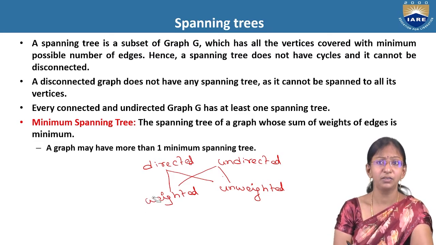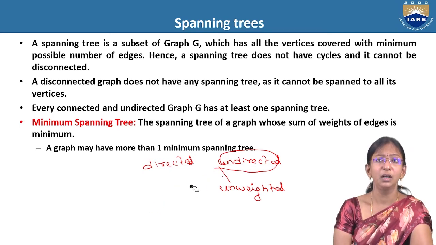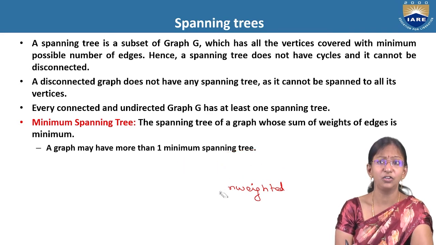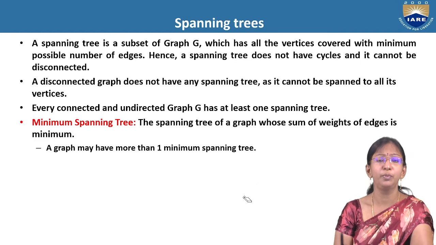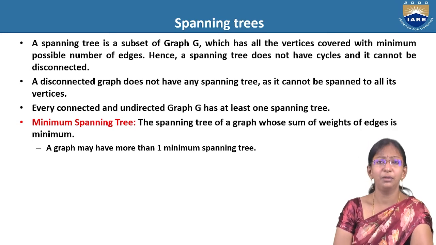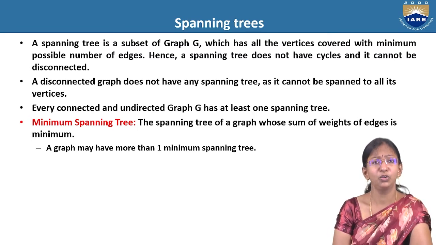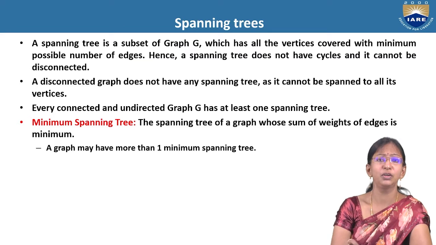Minimum spanning tree talks about the undirected weighted graph combination. What do you mean by weighted graphs? Weighted graphs mean each and every edge in a graph is going to bear a payload, and that load can be any unit, it can be a distance, it can be a number of units you are going to send. The terminology and the unit can be anything, but it is the payload which the edges are going to bear.